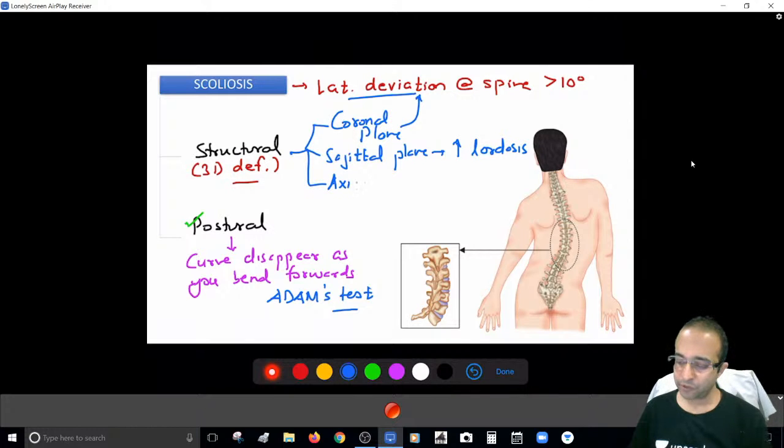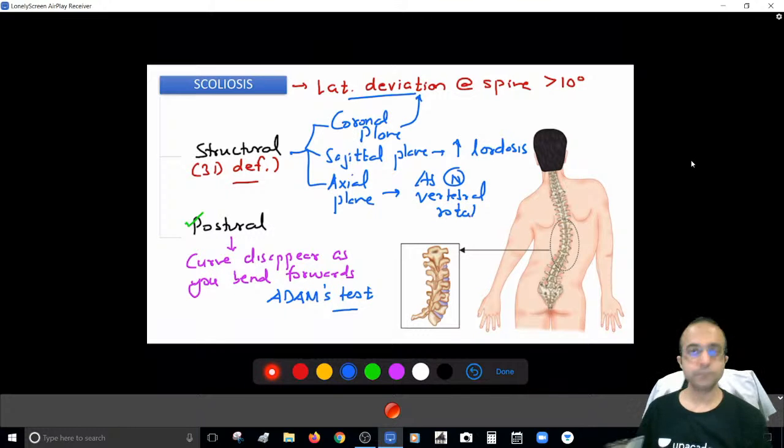And in the axial, the horizontal plane, you would have an abnormal vertebral rotation. I hope you've got my message that scoliosis is basically a developmental anomaly in the spine. There's abnormal development in the vertebrae.